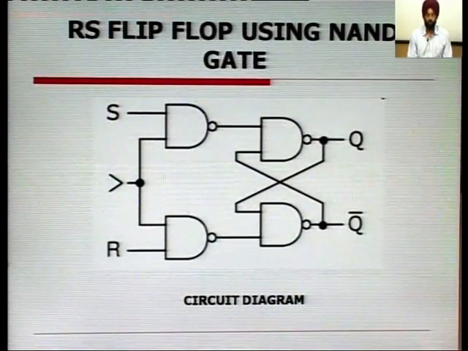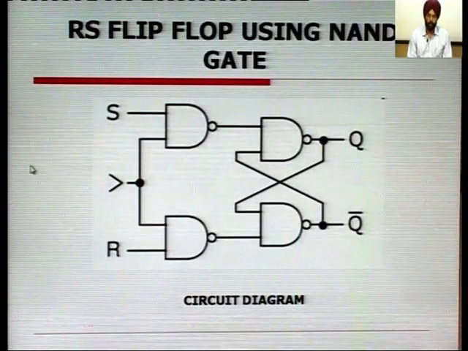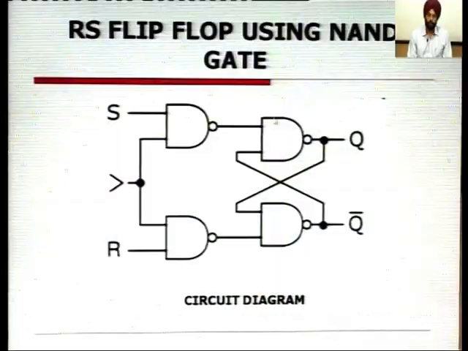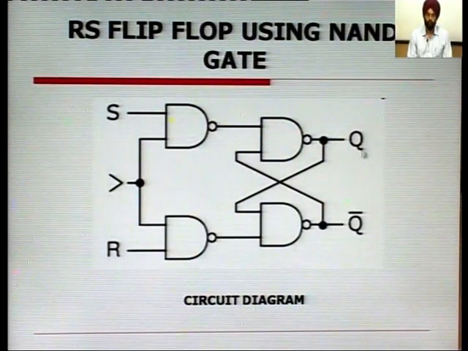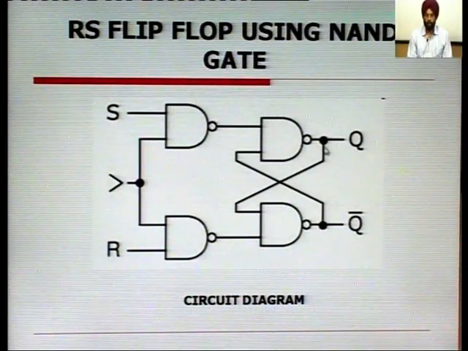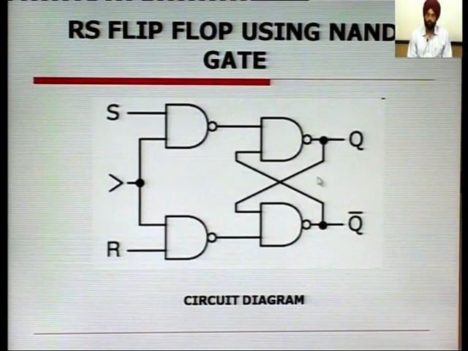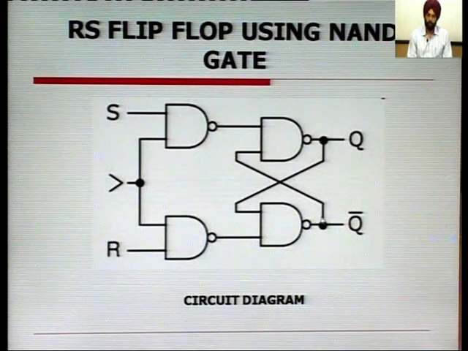Now, we can also construct an RS flip-flop using NAND gates. In this case, we are again using two NAND gates, and the outputs of the flip-flop are Q and Q bar, which are fed back to the input side of the gates by this path.